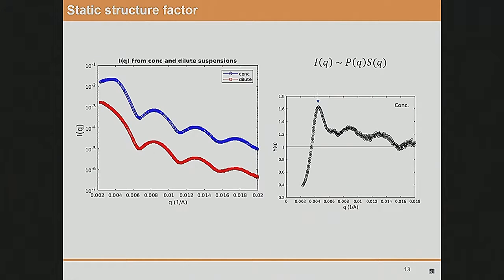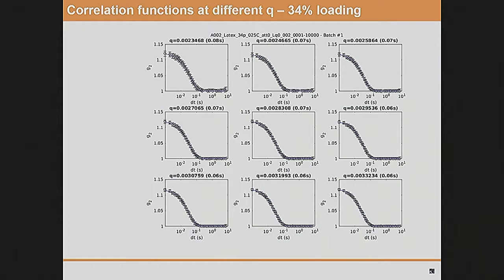So once we have the static structure factor, we go to the dynamic part of it. These are basically plots of the correlation function that we determined using the intensities at the same Q at different times. At each Q, which is basically each pixel on the detector, you can get plots, and they do it for the number of pixels that they have.